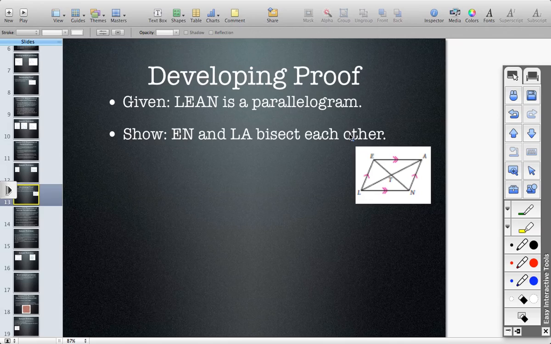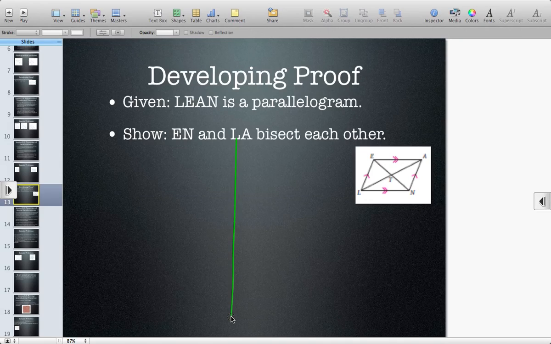Now let's continue on. Step 5: line segment LT is congruent to line segment AT, and line segment ET is congruent to line segment NT, and that's because of CPCTC: corresponding parts of congruent triangles are congruent.